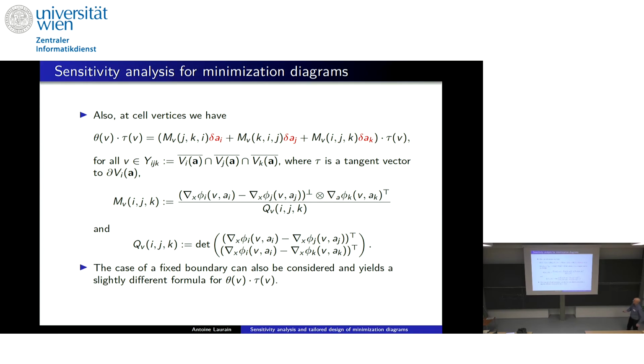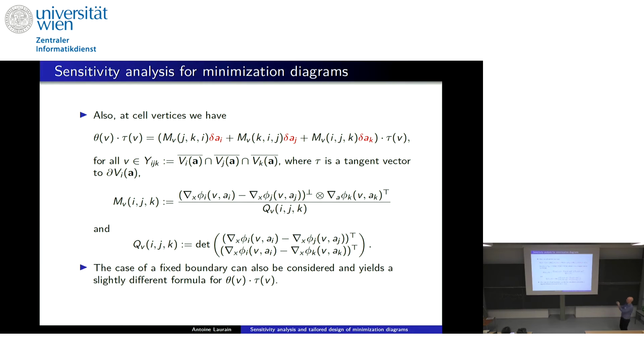You can do something similar in the tangential direction. So this would be at certain vertices. Typically it's like at a triple point in the Voronoi cells, okay? So imagine the Voronoi cell, you have your interfaces. You can compute the perturbation in the normal, but you can also compute the tangential perturbation at the triple point.